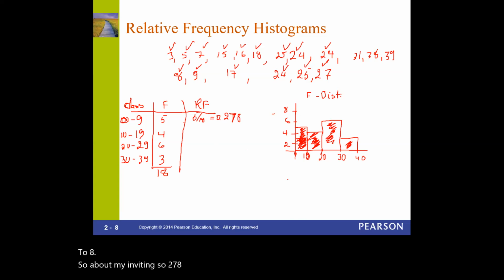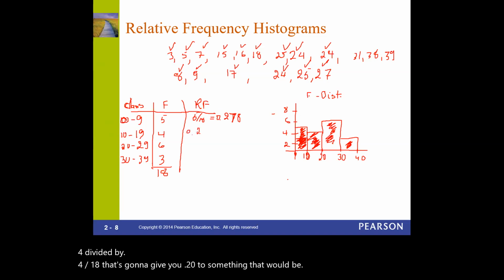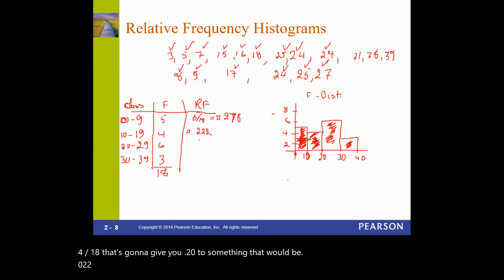Then 4 divided by 18 gives you 0.222. Then 6 divided by 18 will be 0.333. And then 3 divided by 18 will be 0.167.